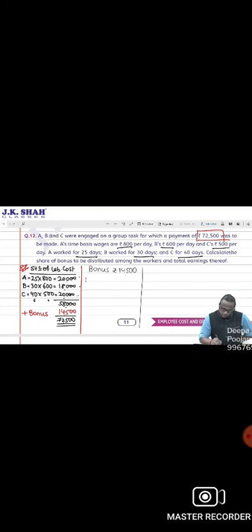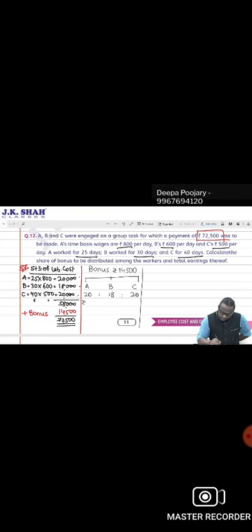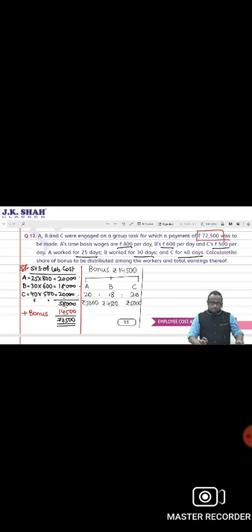So 14,500 will be allocated among A, B, C on the basis of their labor ratio, 20:18:20. So 14,500 will be allocated in the ratio 20:18:20, and that comes to 5,000, 5,000 and 4,500.